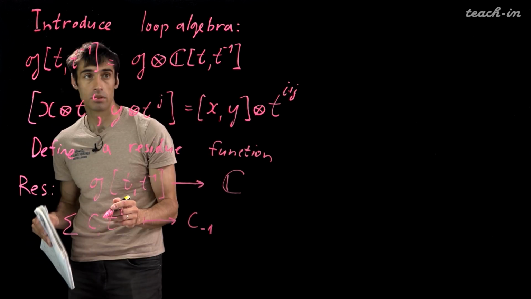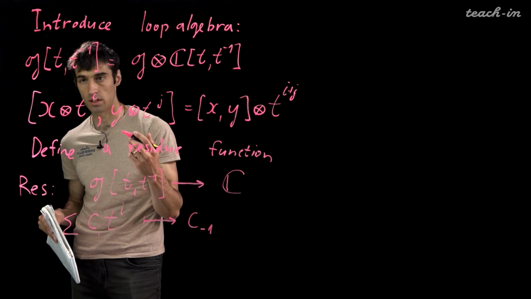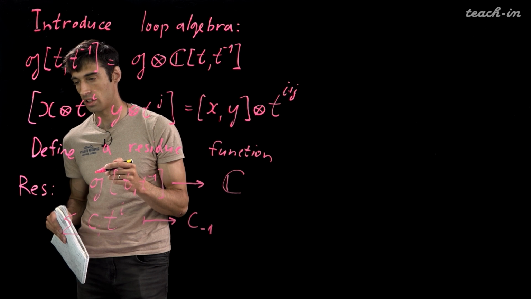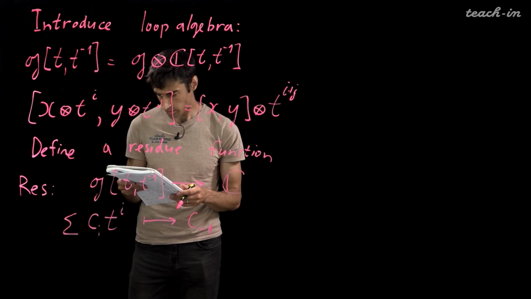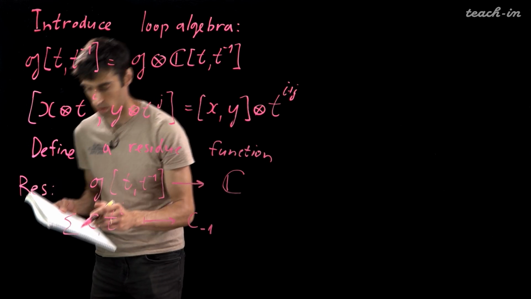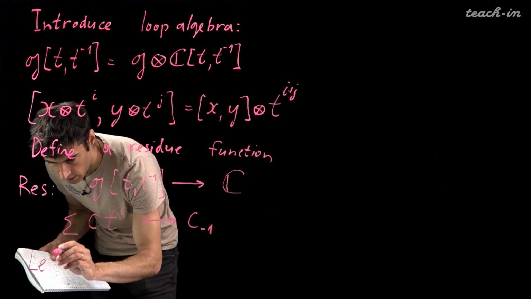Okay, also let me fix, suppose that my algebra g is such that it has a symmetric invariant bilinear form on it.